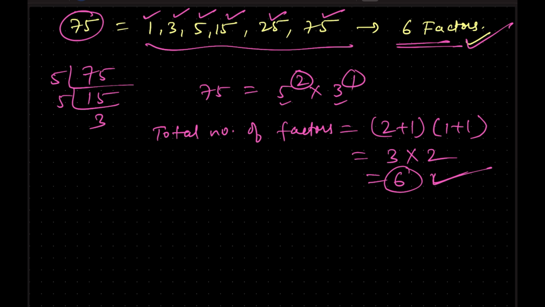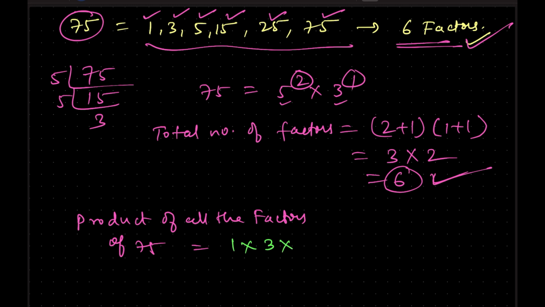And if we want to find the product of all the factors of 75, then let's see. 1 into 3 into 5 into 15 into 25 into 75. Now watch very carefully.